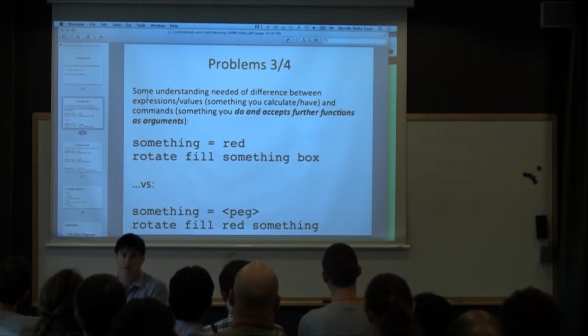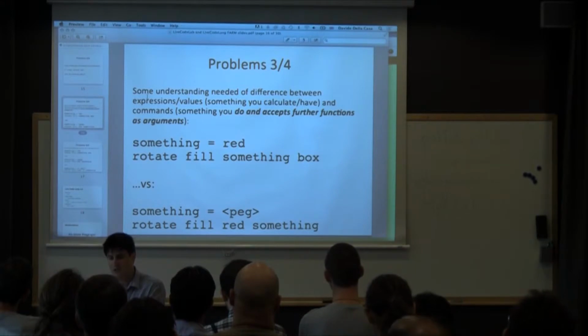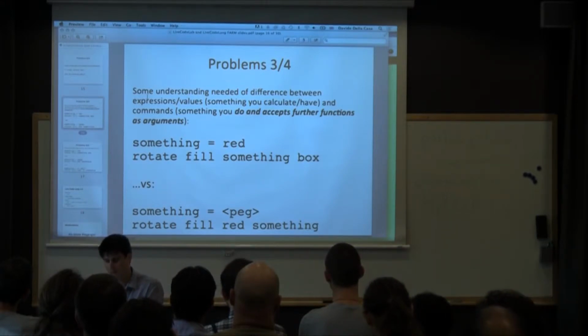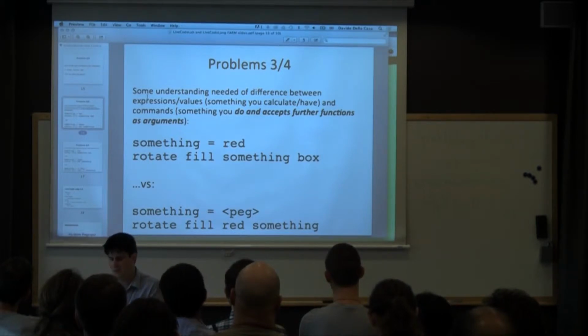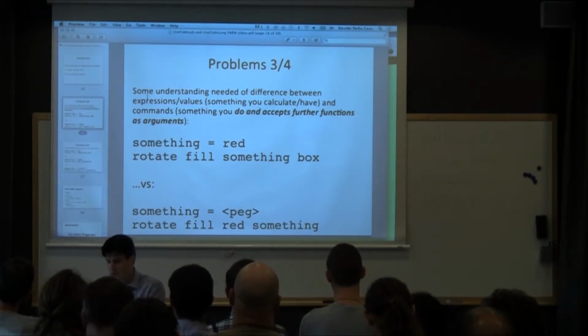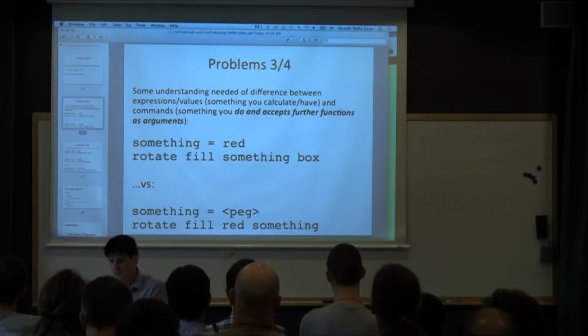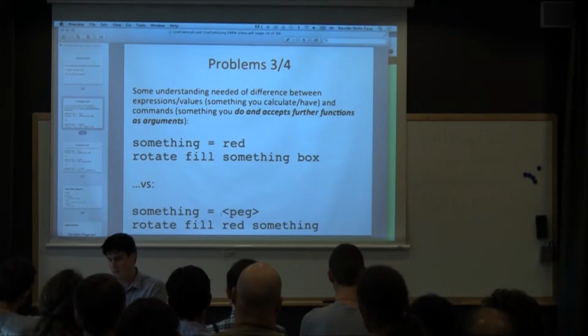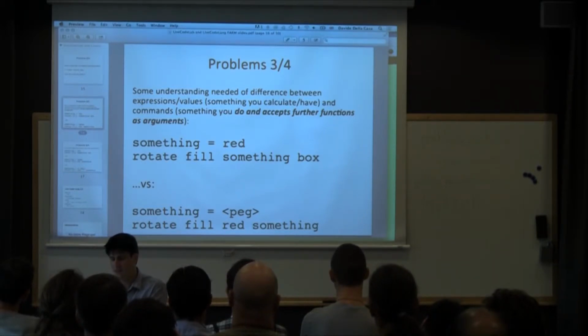And then, if you venture into the actual functional bits and you start trafficking in functions, it turns out that you have to know a little bit how these transformations happen. The use of the curly brackets, for example, you see that here. You're saying something, but by something you mean draw a cylinder, and you pass that here, rotate fill red something, and that draws a rotating red cylinder.